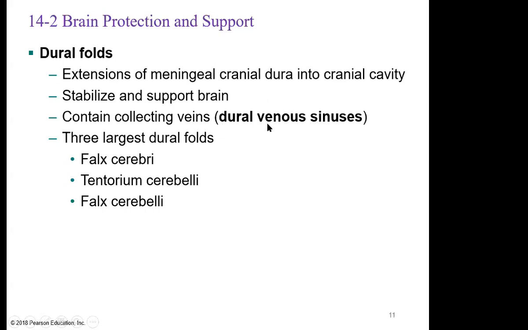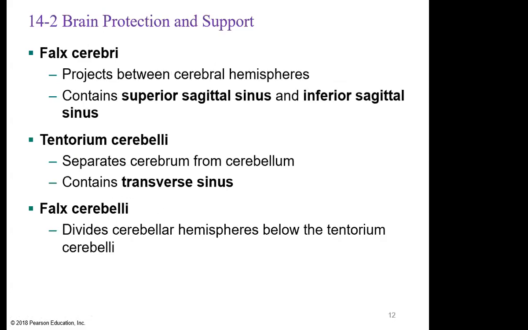So highlight this right here, dural venous sinuses, because with these extensions also comes the ability to create these sinuses, which is going to be incredibly important here in just a second when we talk about the cerebrospinal fluid. So you're not going to see these sinuses within the spinal cord. Okay, this is just a brain thing.